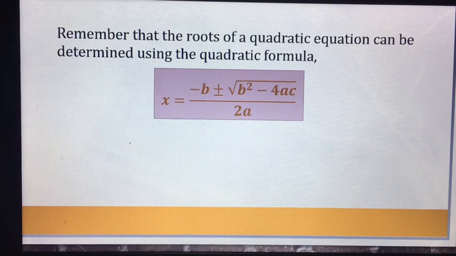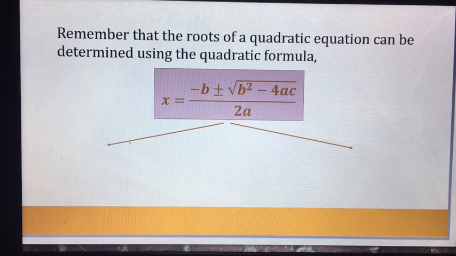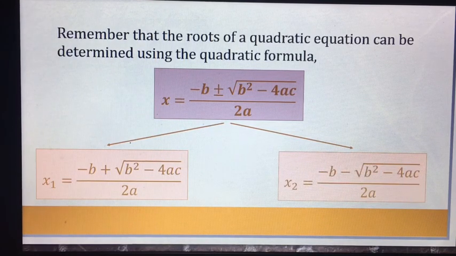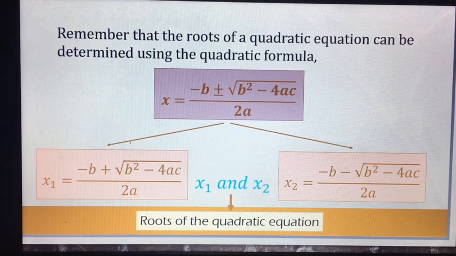The roots are x sub 1 equals negative b plus the square root of b squared minus 4ac all over 2a, and the other root is negative b minus the square root of b squared minus 4ac all over 2a. These x sub 1 and x sub 2 are the roots of the quadratic equation.